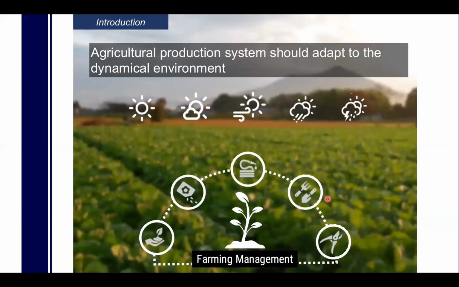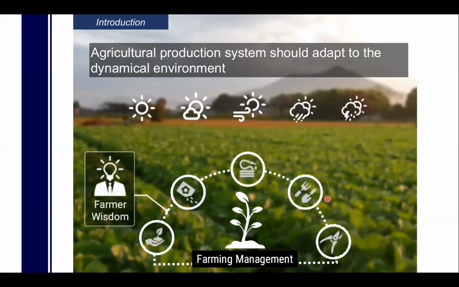If we talk about agricultural production, it will adapt to the dynamical environment, especially now in farming management and climate change. So we need farmer wisdom, local wisdom. We cannot solve the problem only with technology. But the most important, once again, is the farmer wisdom, local knowledge.